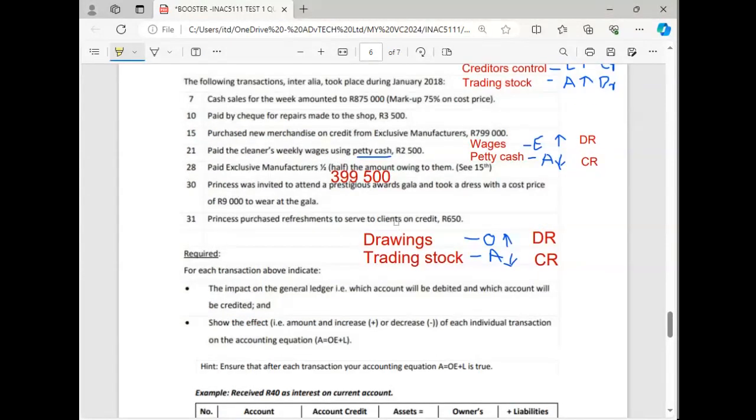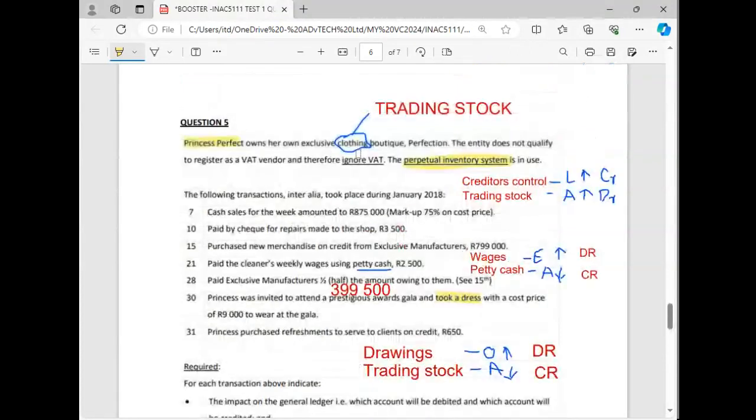We knew that it is drawings because Princess is the owner of the business and she took the dress. This dress belongs to the business. Does that make sense? Remember, drawings is anything the owner takes from the business. That's why it's important for you to know which business you are running. We are running a clothing boutique.